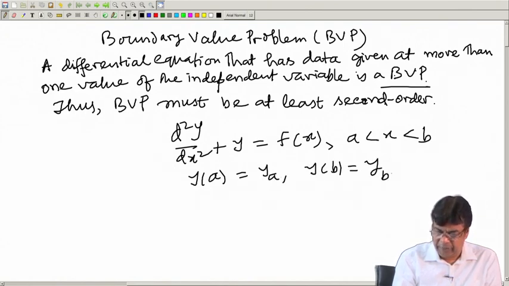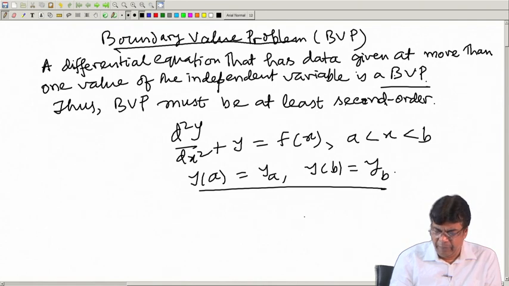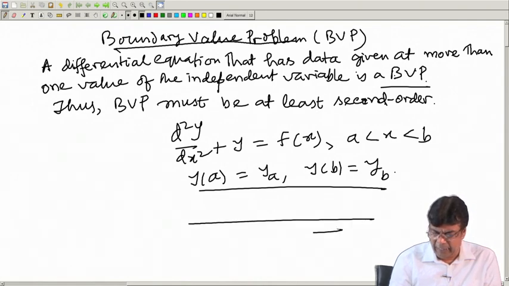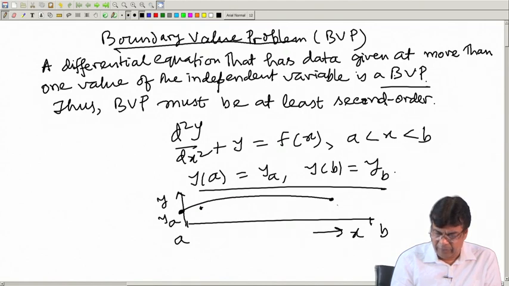So, x is varying from a point a to another point b, and at this point y is given some value y(a), and at b it takes the value y(b).